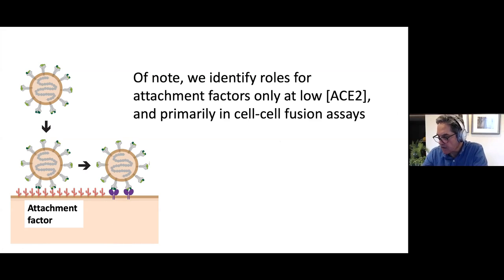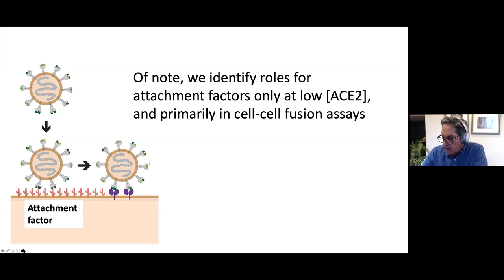These attachment factors are revealed in virus entry assays really only when target cells have low levels of protein receptor. In the case of SARS-CoV-2, low ACE2 levels. High ACE2 levels on target cells, as you would expect, obviate the need for the often lower affinity pre-attachment factors, and the virus just binds straight to ACE2 and the rest of the entry process ensues.